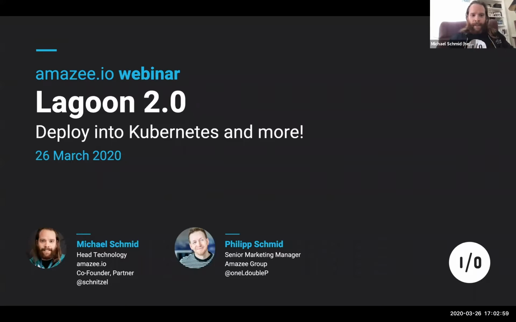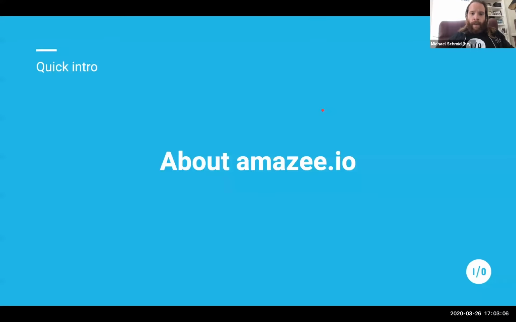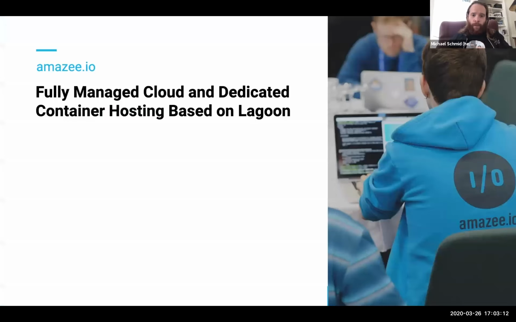We want to give you a sneak peek into Lagoon and show you what it is going to be able to do. But first of all, there might be some people here that have not heard about Amazee.io. A short, quick intro. Amazee.io is a fully managed cloud and dedicated container hosting company. And as you might have guessed, we're using Lagoon for that.